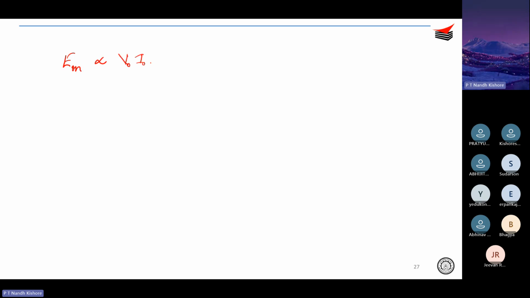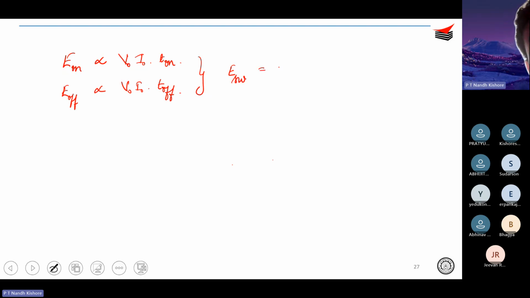So I'll just summarize over here. We saw that we had something called E on, which was proportional to V naught, I naught into T on, right? And we had something called E off, which was proportional to V naught, I naught into T off. So essentially, your total switching energy loss is E on plus E off, right?